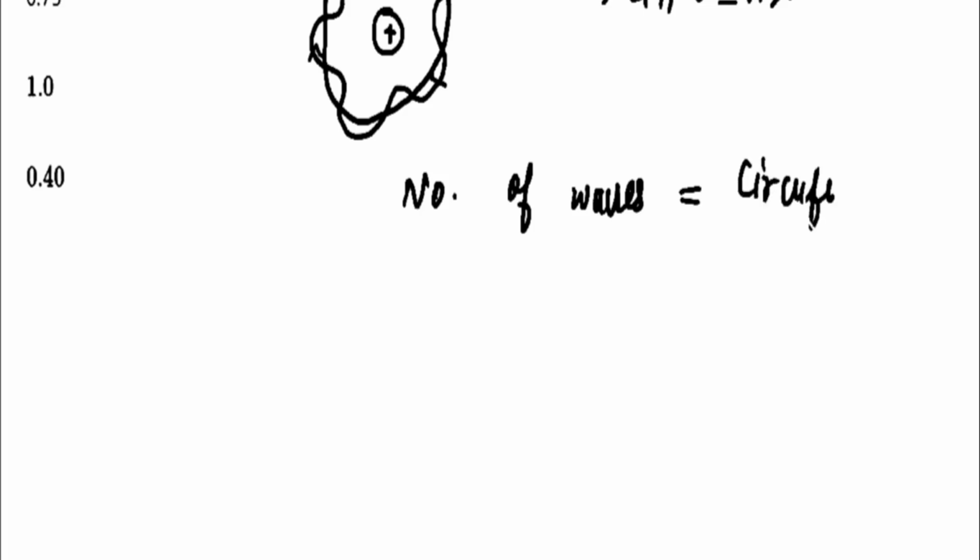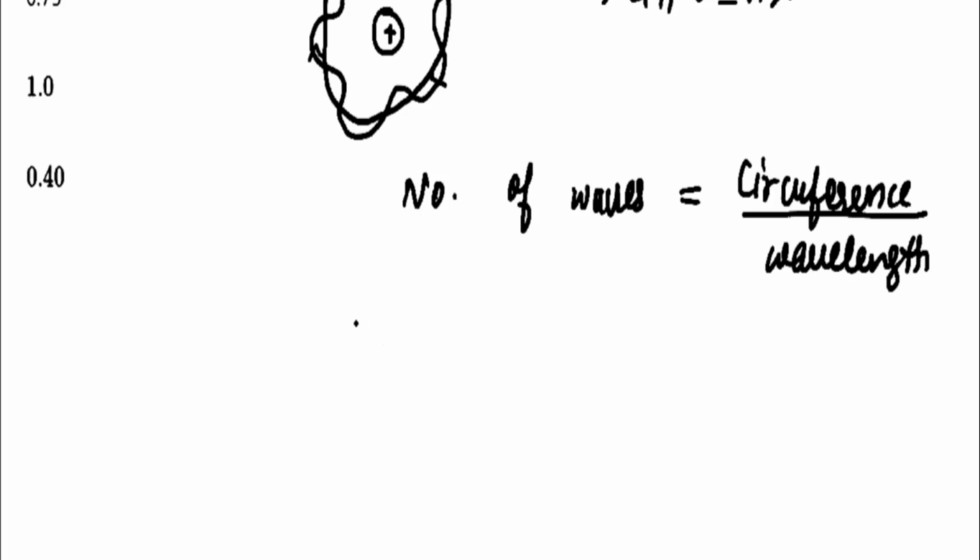Now the number of waves is equal to circumference upon wavelength. Okay, this is the formula: number of waves equal to circumference divided by wavelength. So wavelength will go this side, so that's why we write it like this.